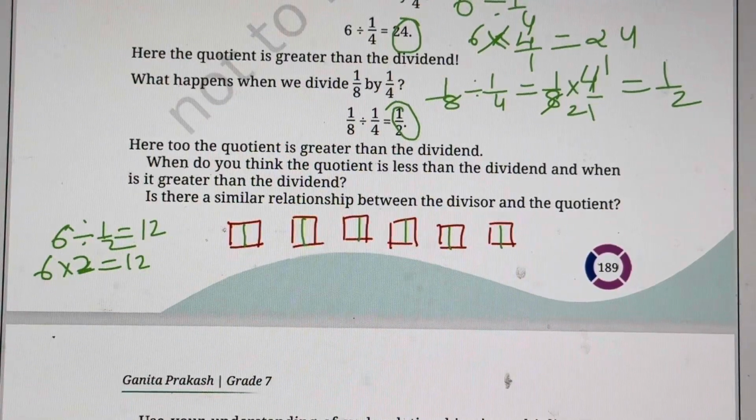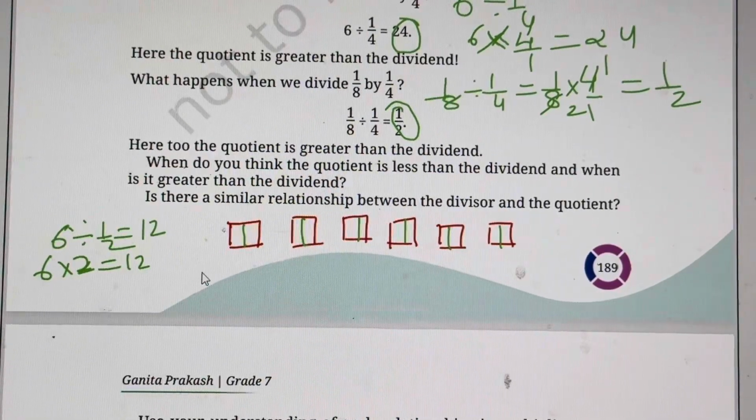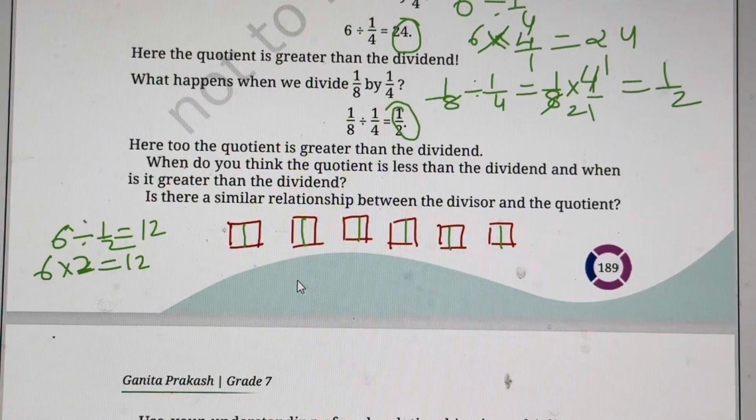So how many halves are there? 12 halves. 1, 2, 3, 4, 5, 6, 7, 8, 9, 10, 11, 12. So here the answer which we are getting, 12, is not whole numbers. They are 12 halves. So I hope you have understood this concept of the relationship between the quotient and the dividend in terms of division by fractional numbers.